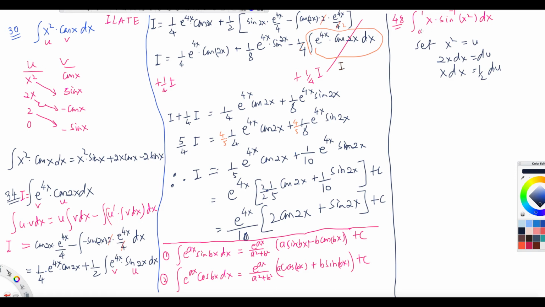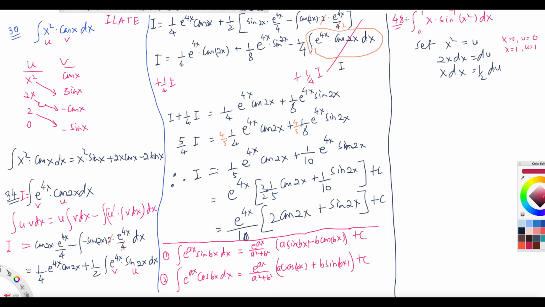When x equals 0, u will be 0 as well. But when x equals 1, then u will be 1 as well. This is the limit for x, and I want to write the limit for u, so u is also 1.